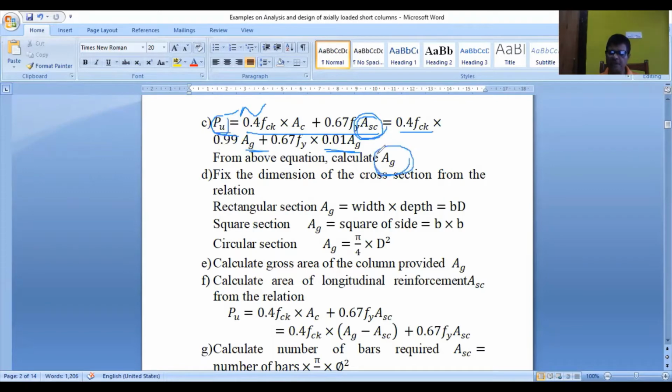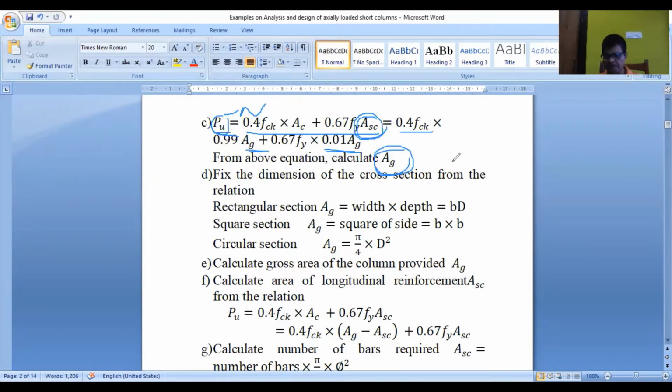Once you know the gross area, then it is easy to fix the cross section. If it is rectangular, assume B and then find out D. If it is a square, take the square root of this value, that will give the sides of the square. If it is circular, take this gross area is equal to pi by 4 d square, that will give the diameter of the circle.